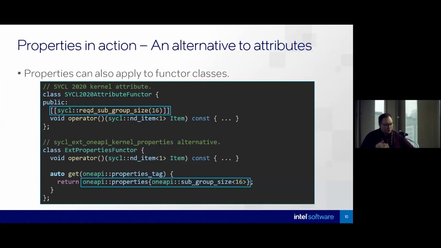But if you're using functors, you can also just encode the properties in the functor type itself. You do that by defining a new getter that takes this properties tag and returns the property list of all the properties you want to associate with that functor type. Then every time you submit that functor type, it also submits those properties with it. That lets you define things like a required subgroup size for a particular kernel that gets automatically applied to every launch of that kernel, which often is what you want.